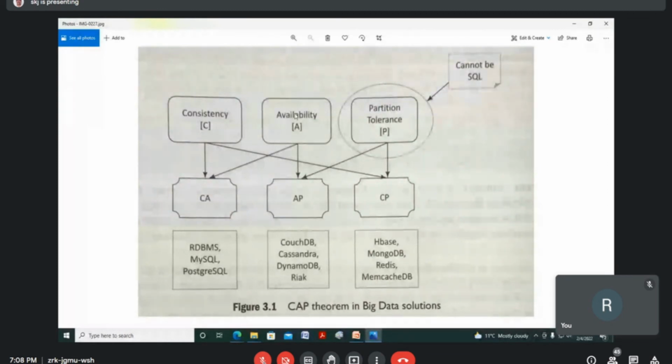Then availability and partitioning, and this is consistency and partitioning, CP. RDBMS, MySQL, PostgreSQL, CouchDB, Cassandra, DynamoDB, HBase, MongoDB, Redis. Not only SQL.